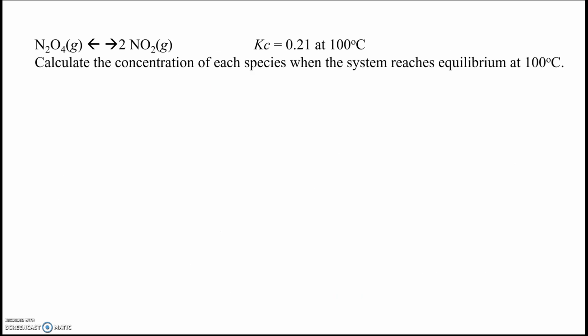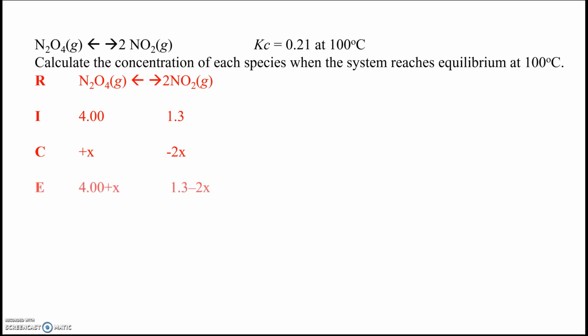All right, now we need to calculate the concentration of each species when the system reaches equilibrium. So we set up our RICE box, we have our reaction. Our initial concentrations here are 4 and 1.3 after we do the volume change. So my concentration goes up X and goes down by 2X. And when I look at the equilibrium position, I have 4 plus X and 1.3 minus 2X.